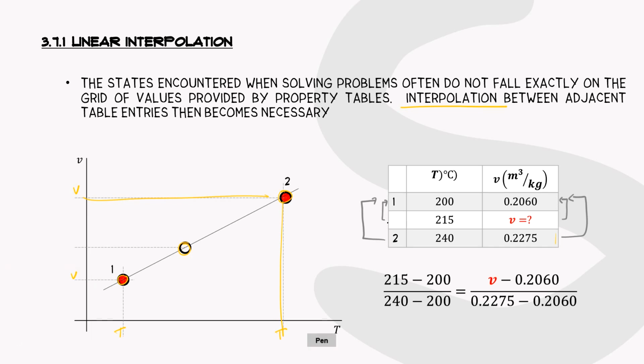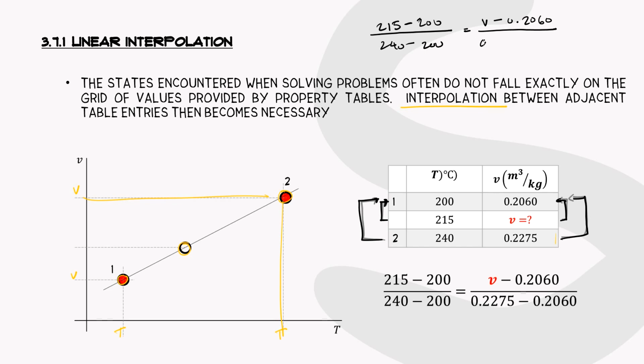So first, we take the value in between minus the 0.1 all over, or let me write it here: 215 minus 200, all over 240 minus 200, is equal to V minus 0.2060, all over 0.2275 minus 0.2060.